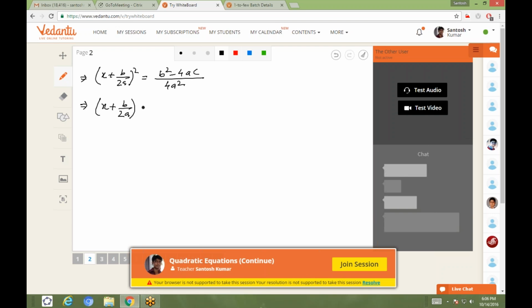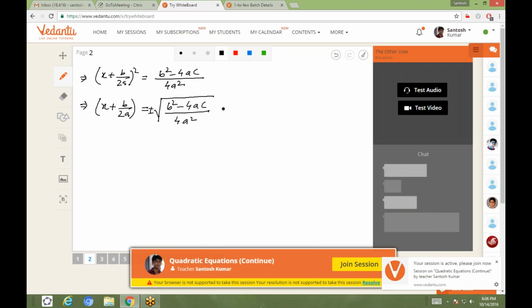Can anyone tell me? Root. Exactly. We'll take square root on both the sides. So we'll get plus and minus on the right hand side, plus minus square root of b square minus 4ac divided by 4a square. That is nothing but square root of b square minus 4ac divided by square root of 4a square, and that is going to be square root of b square minus 4ac divided by 2a, right?